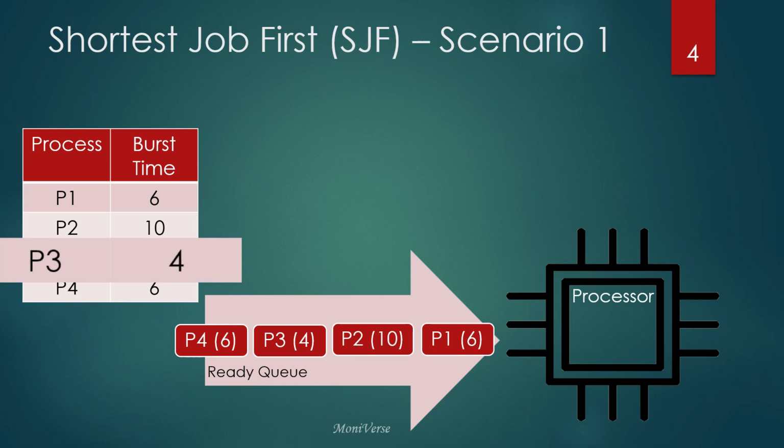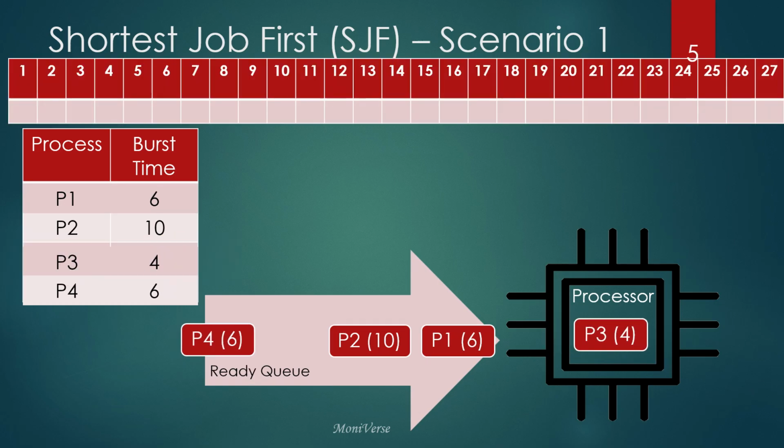Now by finding the shortest job among P1, P2, P3 and P4, we find that P3 has the shortest job, with a burst time of 4. So P3 enters into the processor for execution.